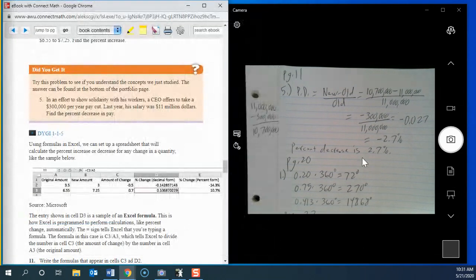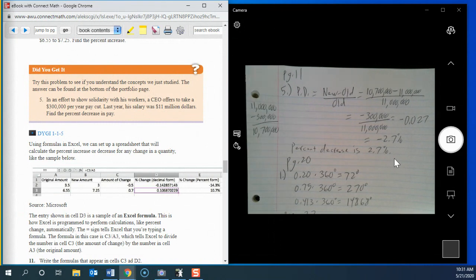Now, whenever you deal with percent decrease, your answer is going to be a negative. But when you write your final answer, because it's saying percent decrease, it's assumed that whatever number you write is a negative. So with that being the case, your final answer is going to be a positive 2.7%. And typically it's written like this: percent decrease is 2.7%.